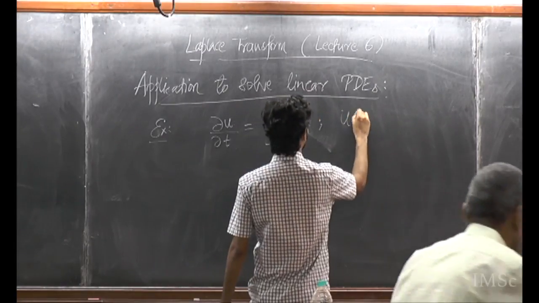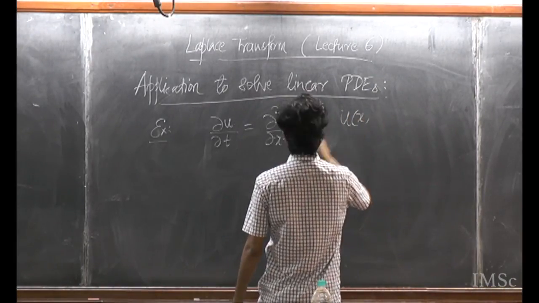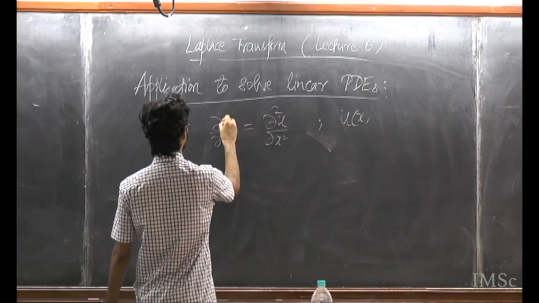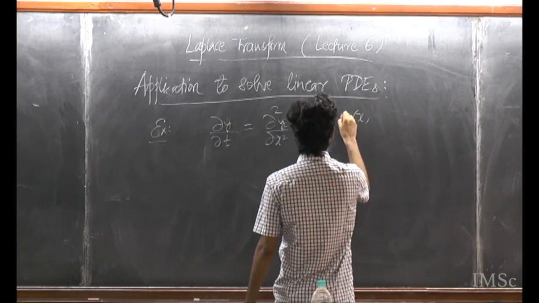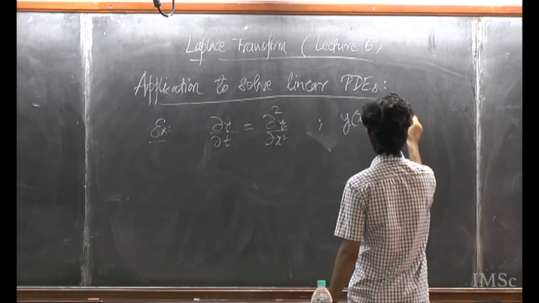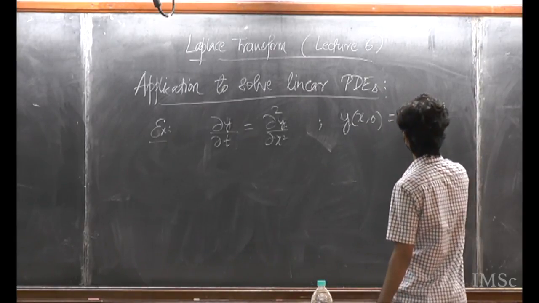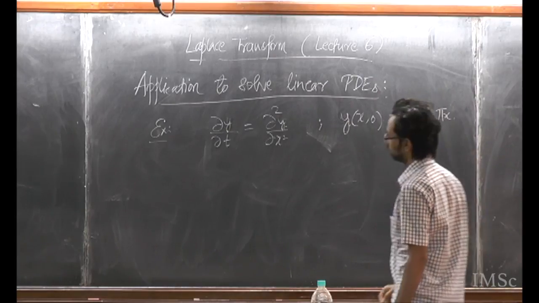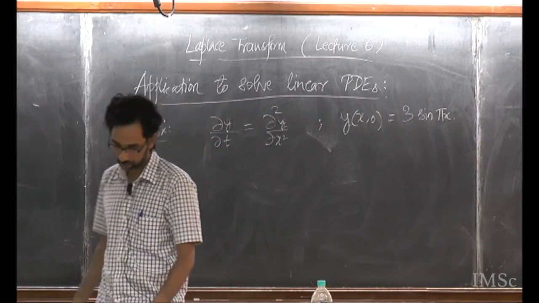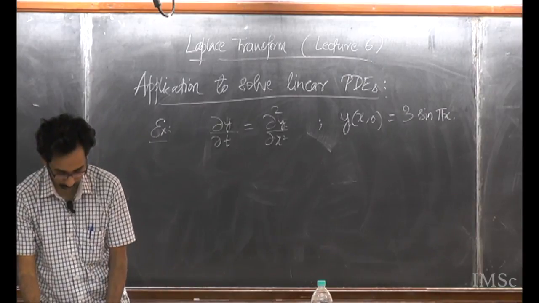Conditions are u, x. So let me write y. y(x,0) is a function of x. It's given by 3 sine 2 pi x.